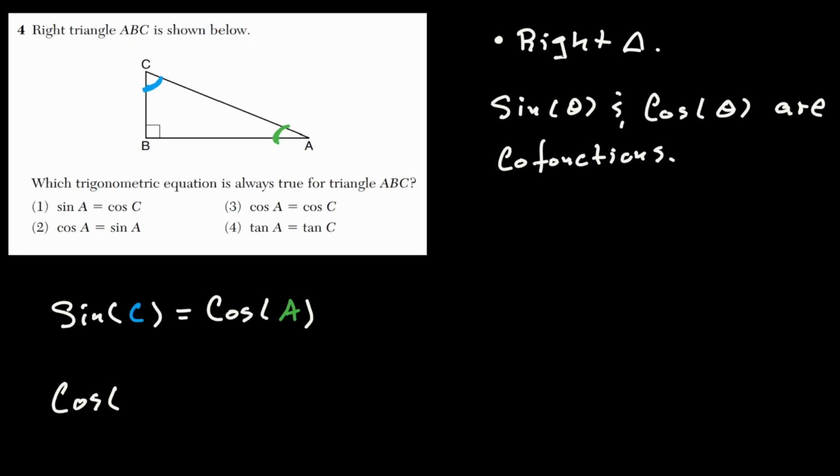The cosine of angle C is equal to the sine of the other angle, which is A. That is something that will always be true. And notice that this matches option number 1. That's the relationship that we have in here. Let's take a look at the following question.